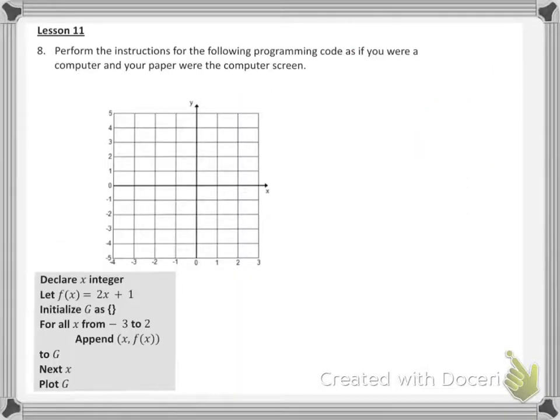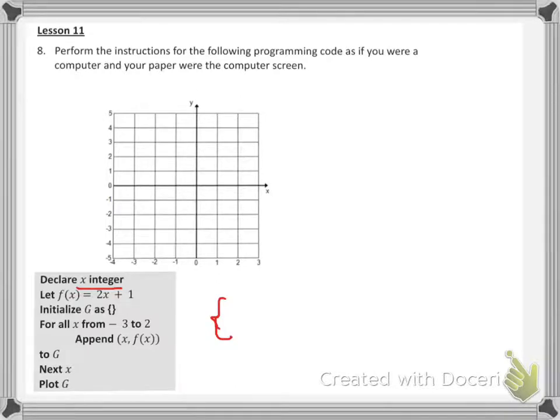All right, number 8, perform the instructions for the following programming code as if you were a computer and your paper were the computer screen. Okay, I can see that x is going to be an integer. I see the function of x is 2x plus 1. I see we're going to start a set called G. So we're going to make ourselves a set here. And all x is going to be from -3 to 2 integers.